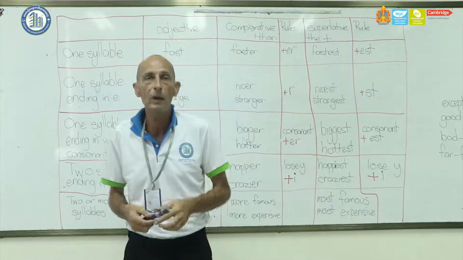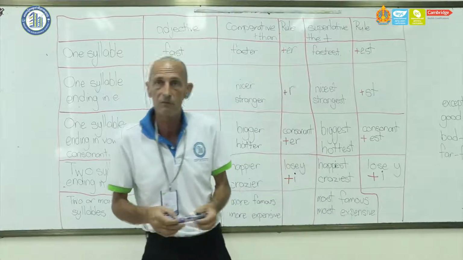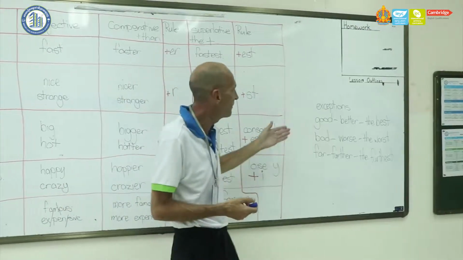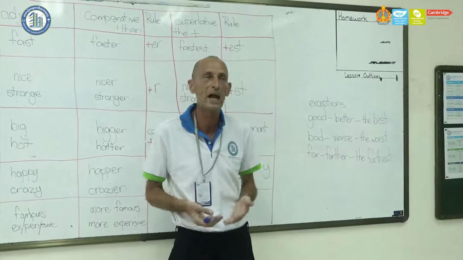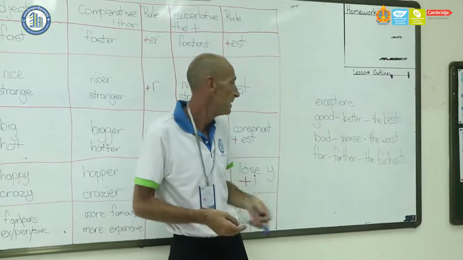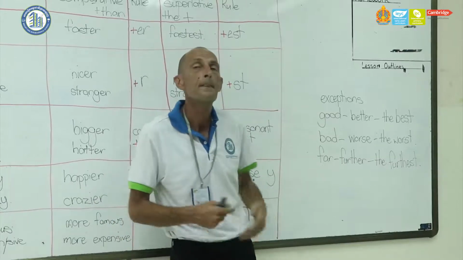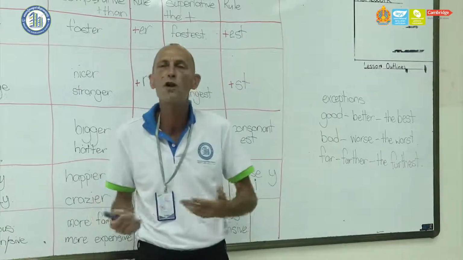So, let's just have a quick look at some irregular comparatives and superlatives. Over here we have some exceptions to the rules, where we have to change the word altogether. Now there's only 3 examples here. There are some more, and you just have to learn them. They're irregular, so there are no rules to them.